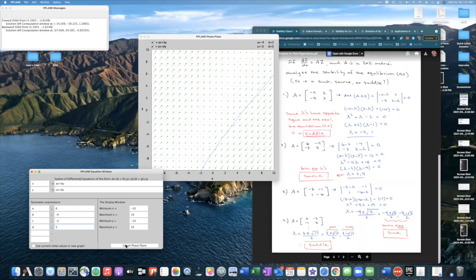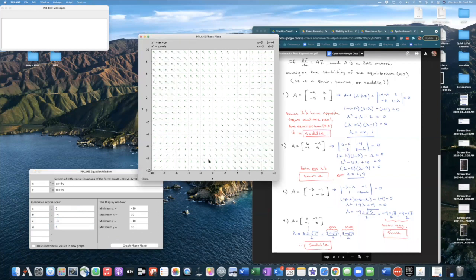So for this one, we've got 6, -4, -3, 5. And if we graph this thing, we can definitely see there's an eigenline right there. If we start near the origin, it looks like my eigenline is probably the eigenvector (1, 1), or the line y equals x.